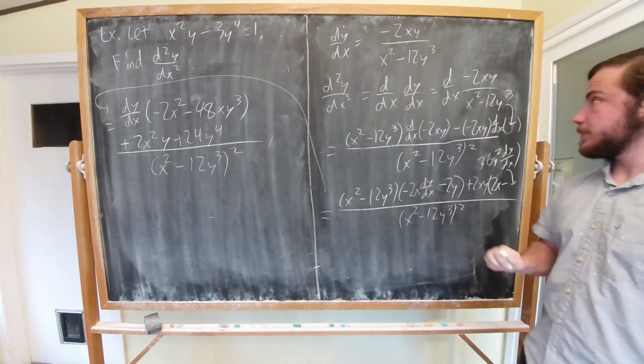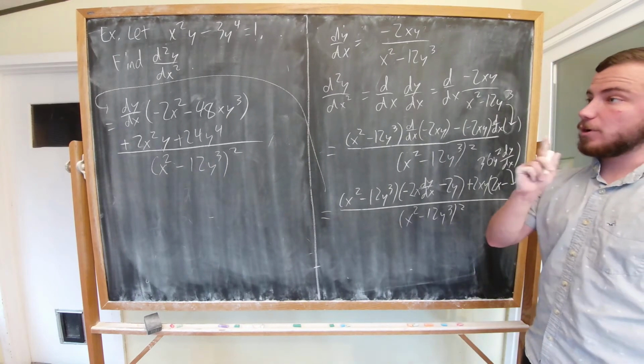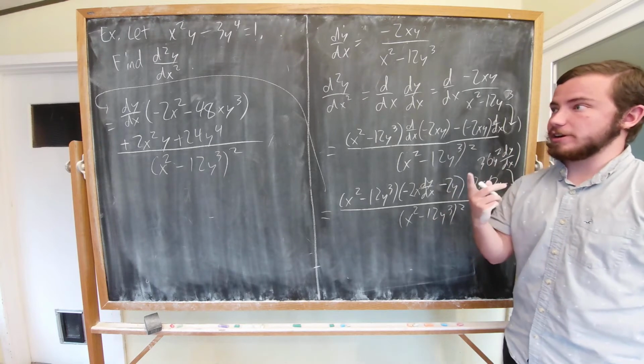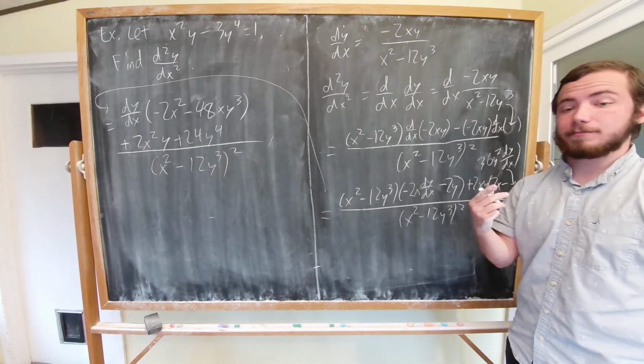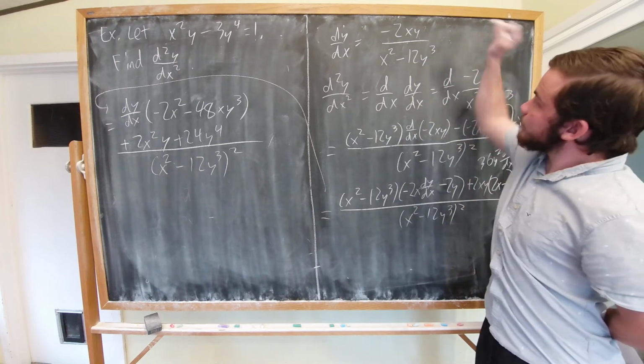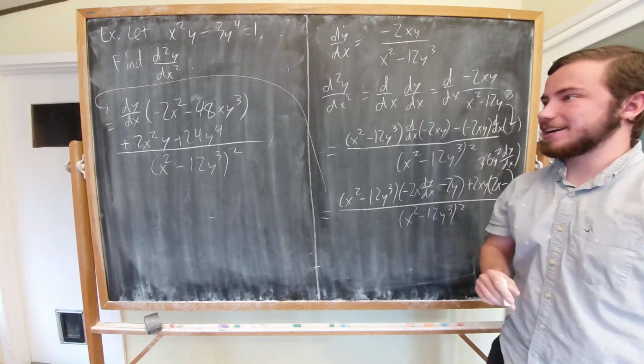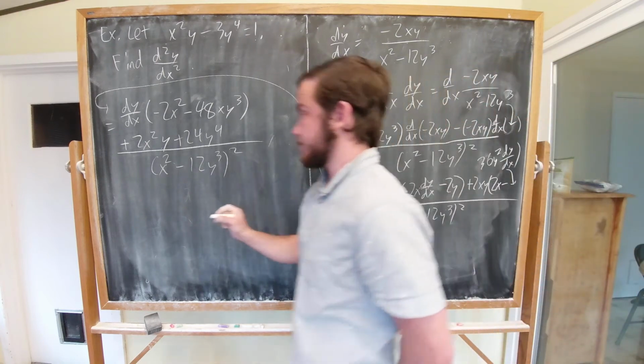Okay, so where do we go from here? I don't like the fact that there's dy/dx in that equation. How do I get rid of it? Conveniently, we already have a formula for dy/dx in terms of just x and y, so let's plug it in.